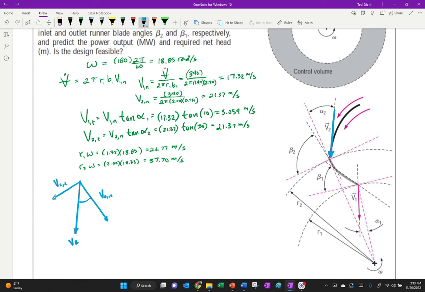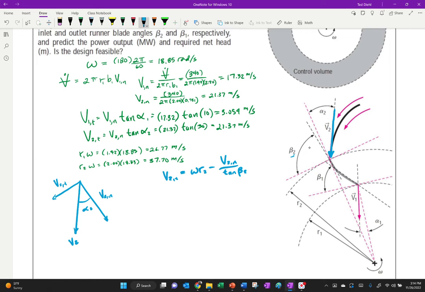And here's your alpha 2, if you wanted to do that right there. We do know that V2 tangential is also equal to omega R2 minus V2 normal divided by the tangent of beta 2, right there.